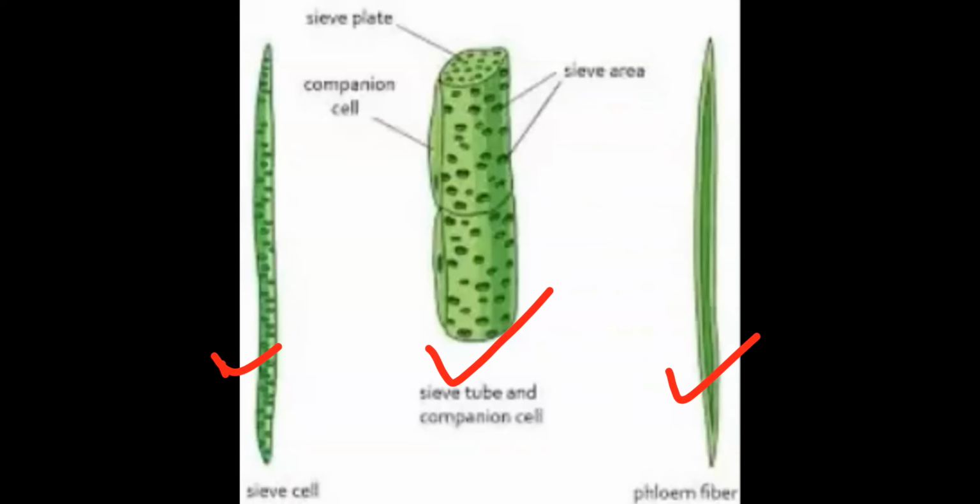Bast fibers are obtained from jute, flax, even hemp plant. Normally absent in primary phloem and present in secondary phloem. That is about it. Is this clear? Yes, sir. Clear. Yes, sir. आगे जाते हैं फिर.